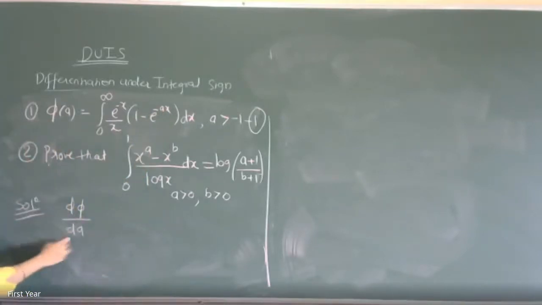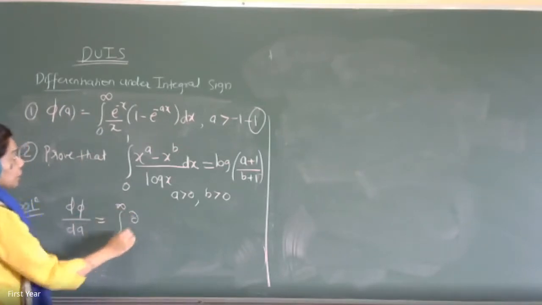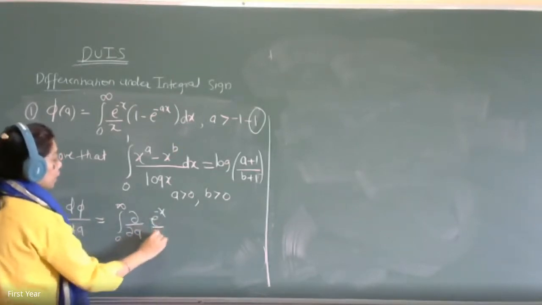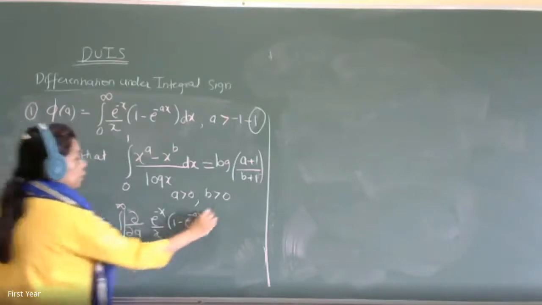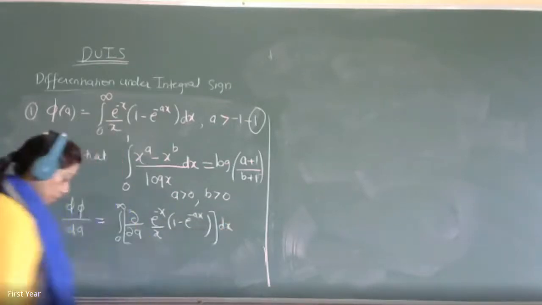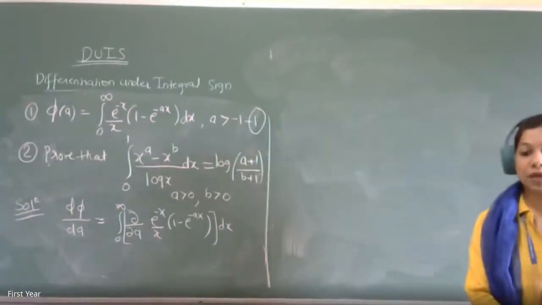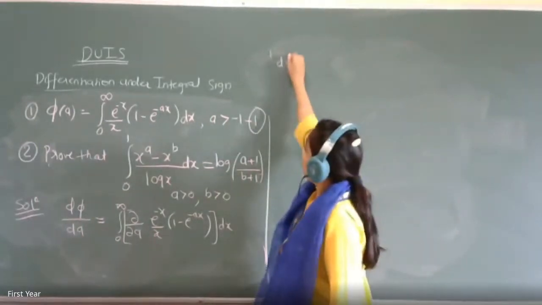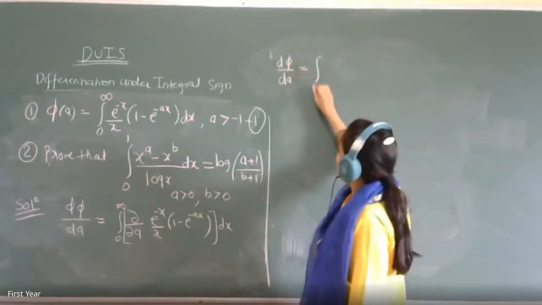So I'm differentiating phi with respect to a. Limits are constant, so we first take 0 to infinity, partial derivative with respect to a of e raised to minus x upon x into 1 minus e raised to minus ax. So dphi by da is equal to integration 0 to infinity.